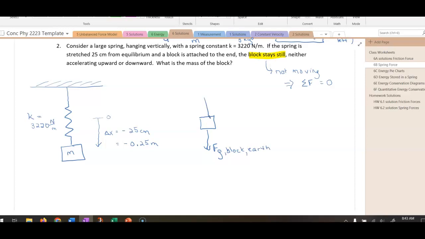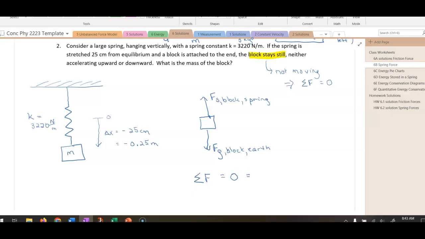And there's the spring force that's pulling the block upward. Okay, there's no applied force or anything like that. We just have the weight of the block pulling down on the spring, and they are still. Neither one of them is moving right now. So the net force, I know it has to be 0.